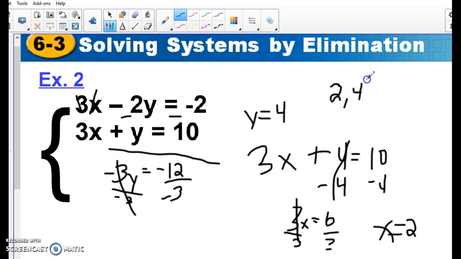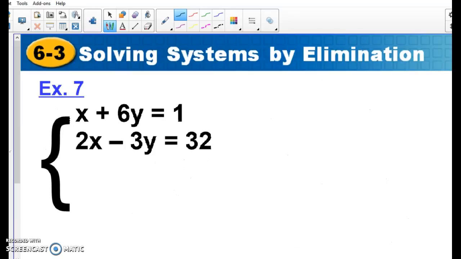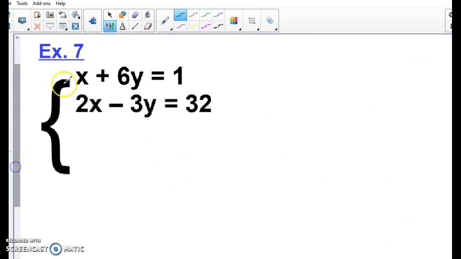Okay. These are the nice problems, kind of like the level 1 intro problems, because my variables are already the same. We will get some problems where they're not the same, and in this case we need to multiply to make them the same. It doesn't matter which one you multiply by. I can multiply the top or the bottom.